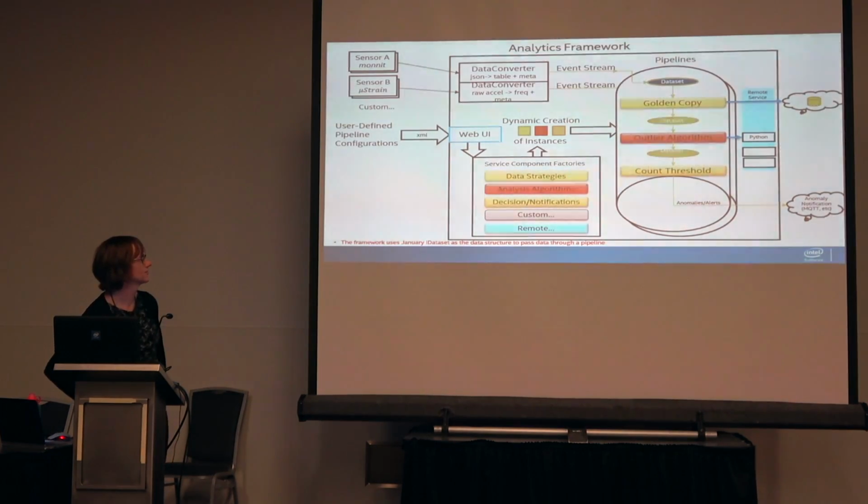So right now in the POCs that Jay had described, we have a data strategy, an algorithm, and also a decision/notification. Those containers get placed into the pipeline, and then the data from the sensors just flows through the pipeline container.